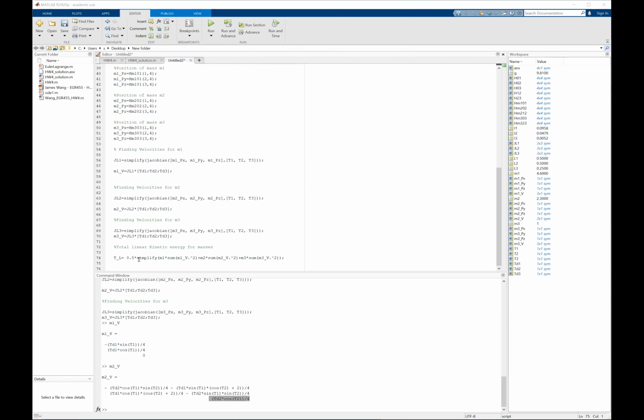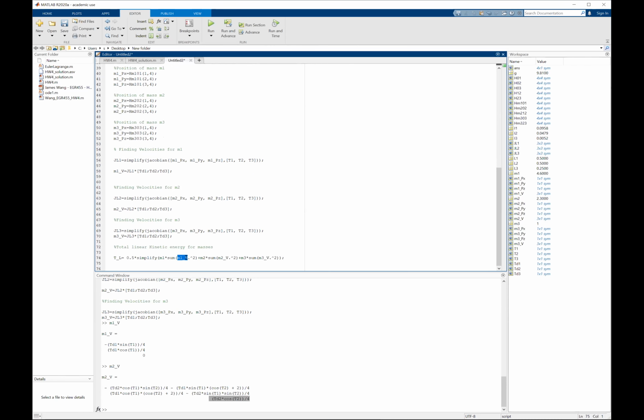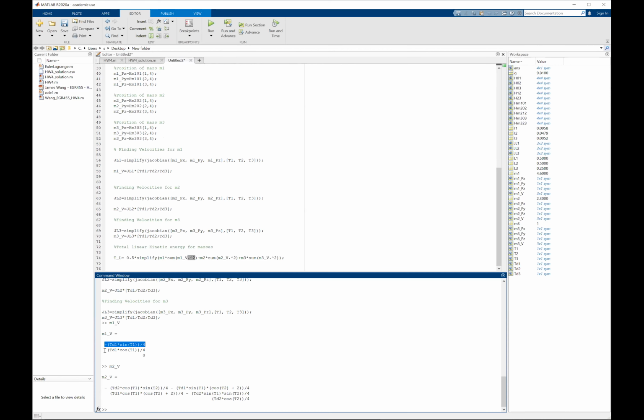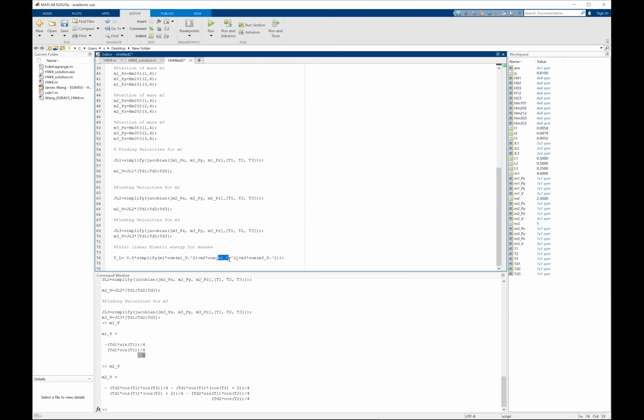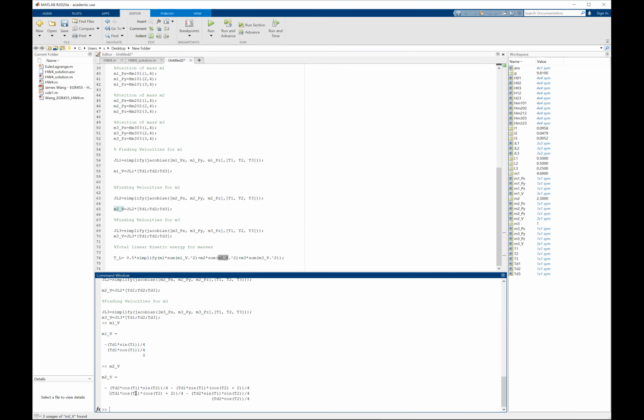So what I'm trying to do here is, check this out. m1_v is the velocity vector. I'm doing a dot square, which means each element will get squared, this element, this element, and this element. m2_v dot square, which means the first element will get squared, the second element will get squared, and the third element will get squared.